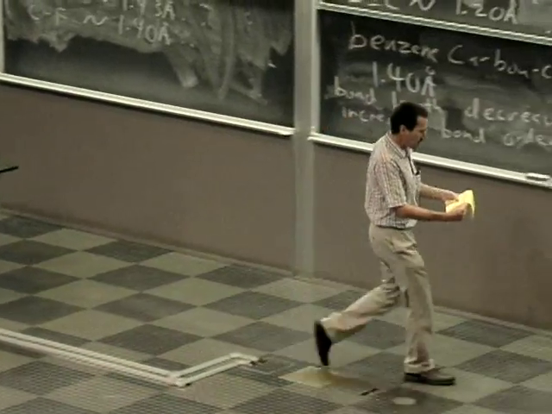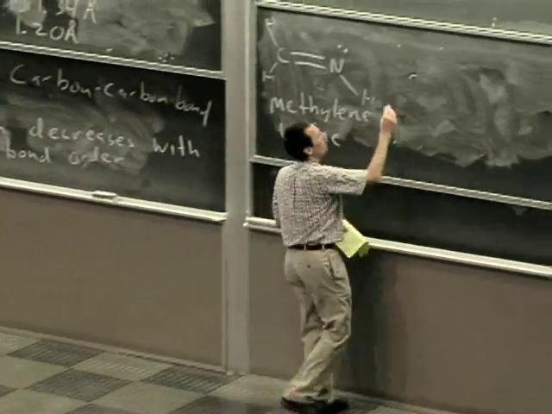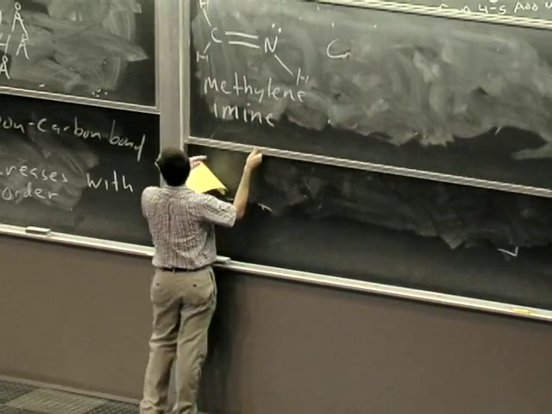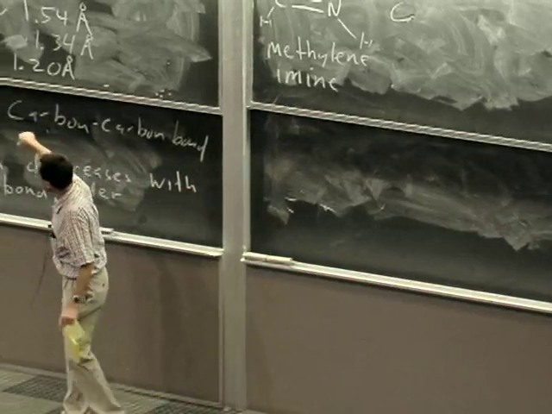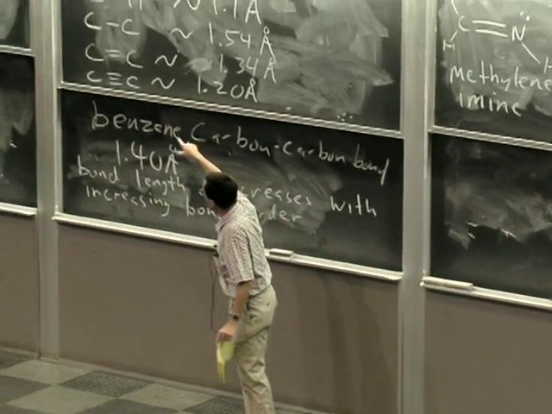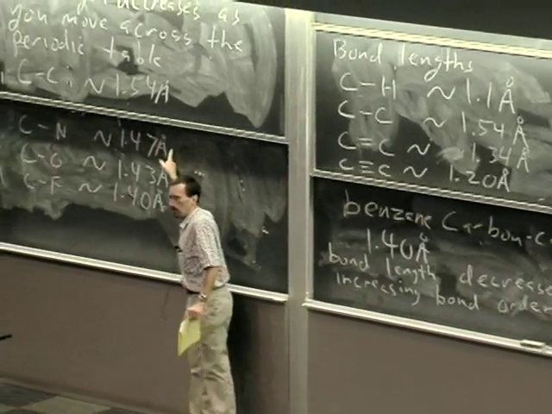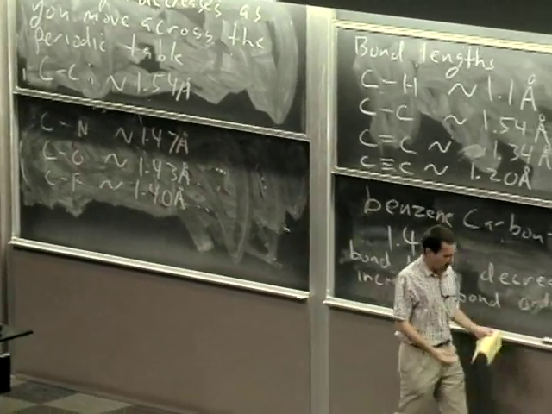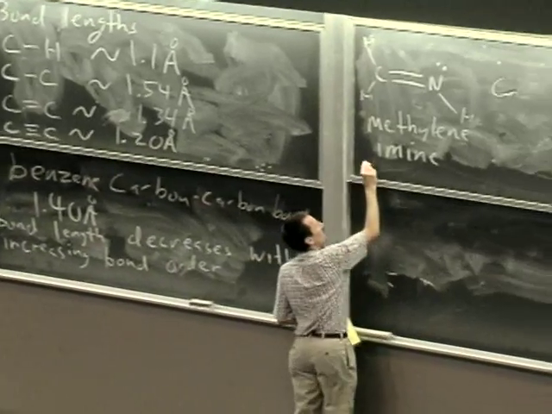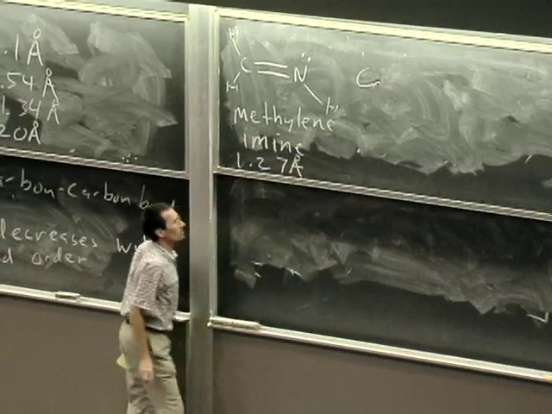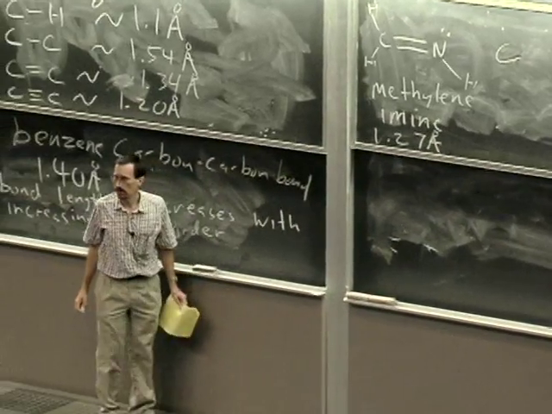Let us imagine a couple of other molecules for comparison. The carbon-nitrogen double bond, we haven't discussed it, but we know it should be shorter than a carbon-nitrogen single bond. The carbon-nitrogen double bond in this molecule is 1.27 angstroms in length.